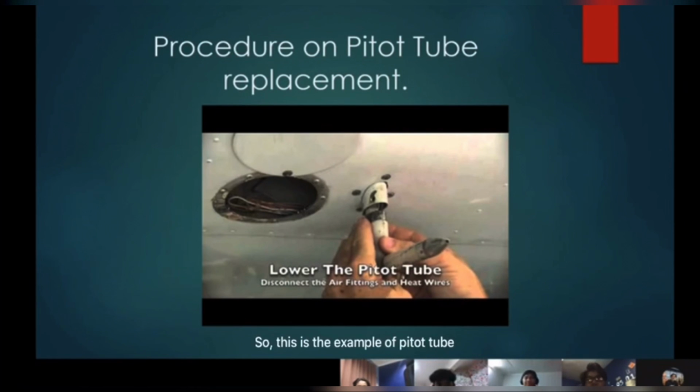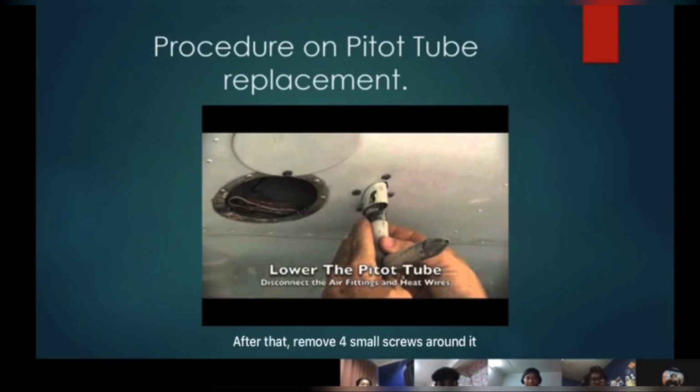Okay, so this is the example of a PT tube, and take a vacuum cleaner because it is used to remove FOD from the system, and insert the vacuum cleaner to the PT tube like this, and start vacuuming it.